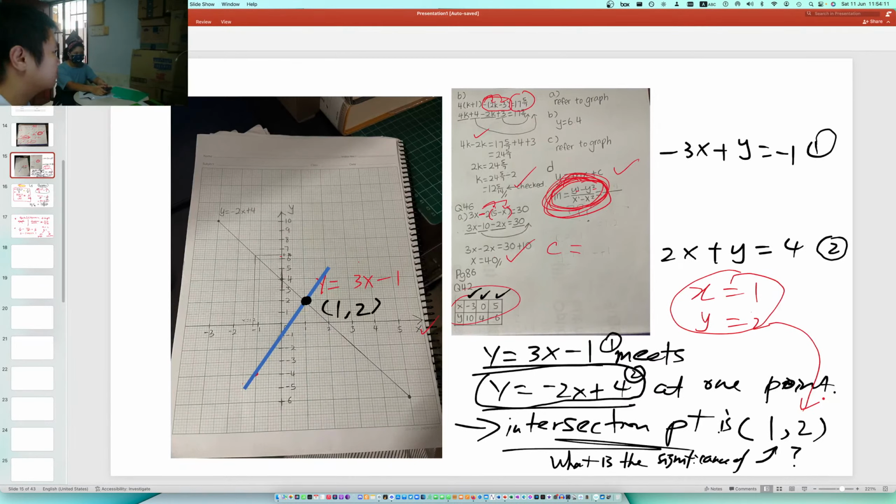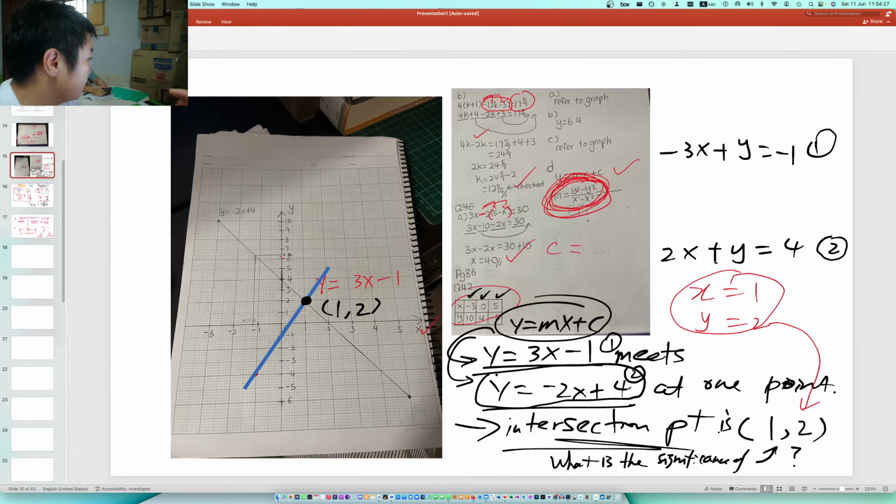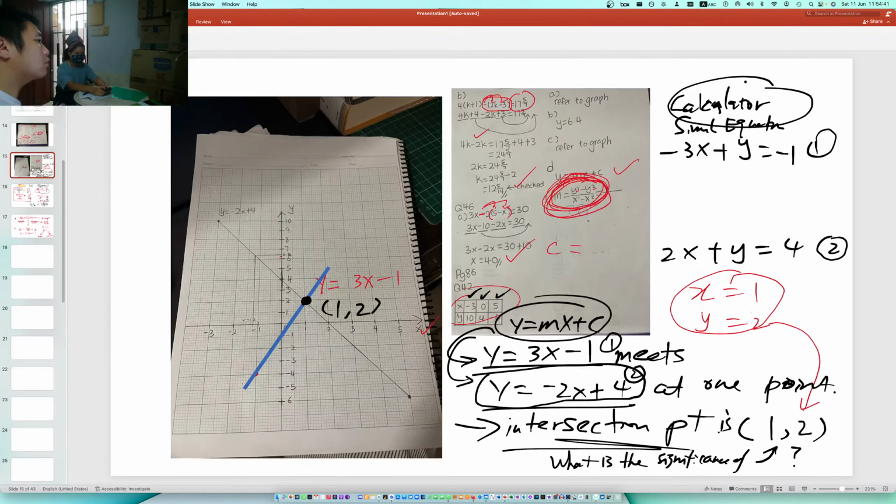What format is this? I'm talking about format. This is a y equals mx plus c format. And this is the calculator simultaneous equation format. How come they want to make life so difficult for us, having this format and this format? Any reason why?